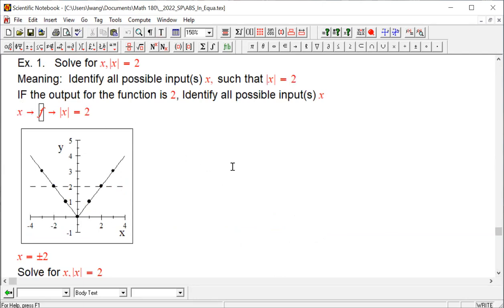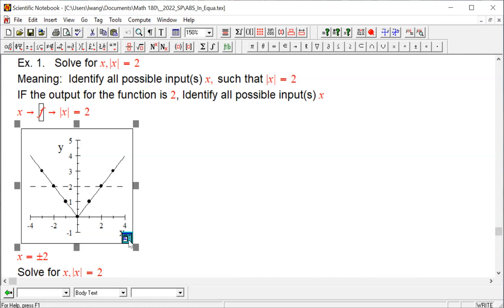Here I want to give you a different perspective, the function perspective. If we know the output is 2, then we draw a horizontal line. This horizontal line crosses the curve at 2 points. What are these 2 points telling us?